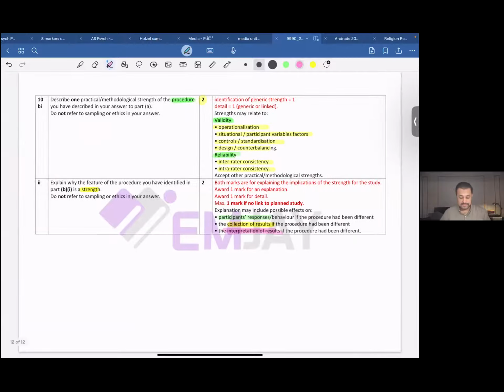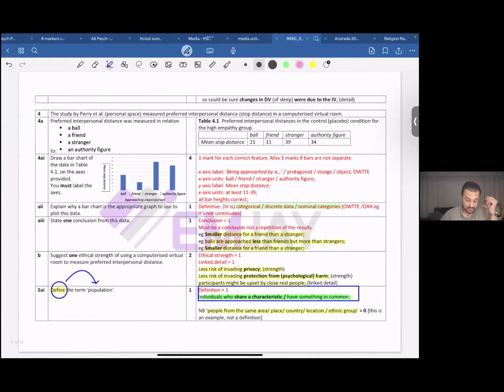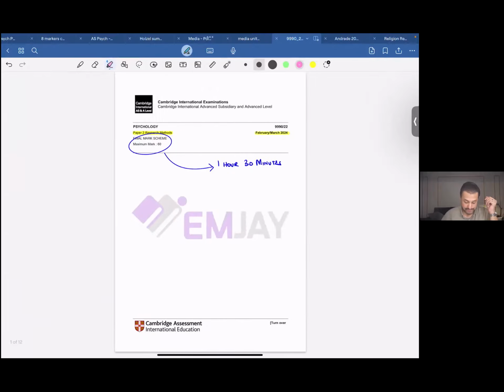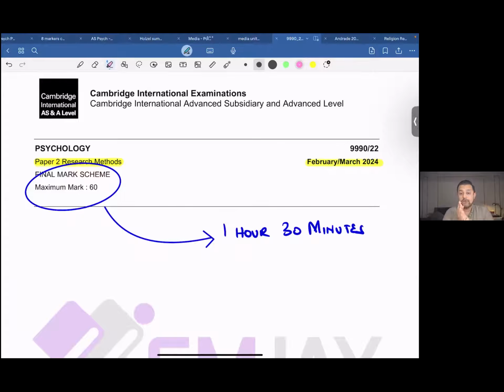Now, this was an explanation to paper 2 from the paper that we had in February, March 2024. Again, read through your research methodology. You are expected to not only know your research methods, but to be able to apply them as well.